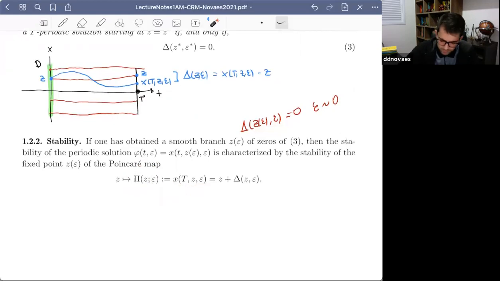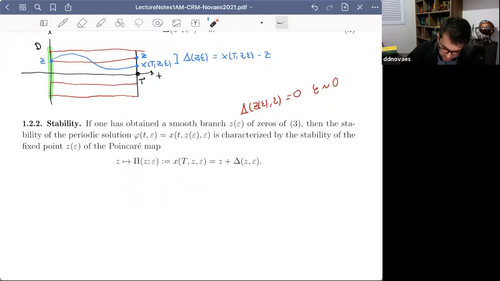And the Poincaré map is given by the identity plus the displacement function. We shall see that the displacement function in this case is of order epsilon. That means we can always have an epsilon that multiplies another function. Let's call it small delta.